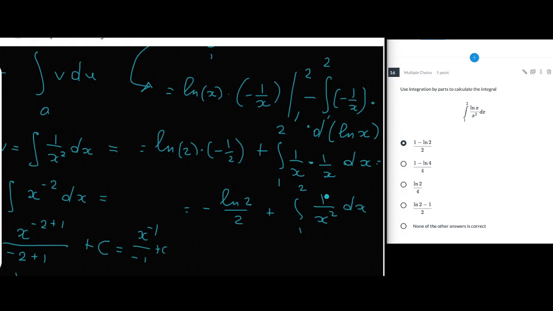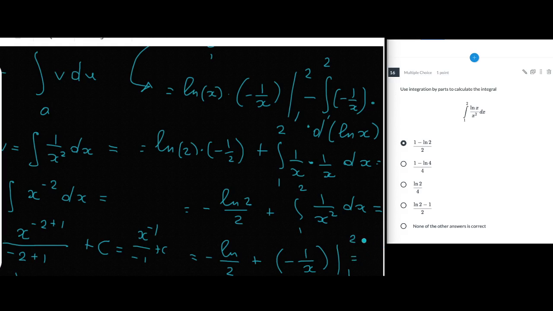And again, this last integral of 1 over x squared can be easily calculated by the power rule, since you can write 1 over x squared as x to the power negative 2, and then do the integration. So I'll skip to the result. You should get the antiderivative to be negative 1 over x, and then you will have to substitute 1 and 2.